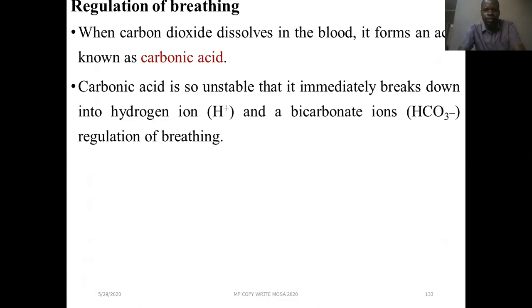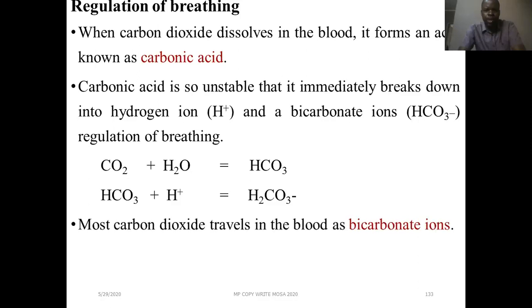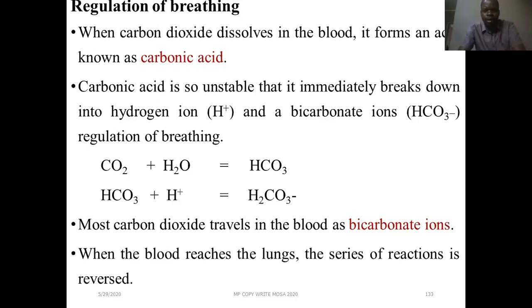This is the equation which we are showing here for the regulation of breathing. Most carbon dioxide travels in the blood as bicarbonate ions. When the blood reaches the lungs, the series of reactions is reversed.